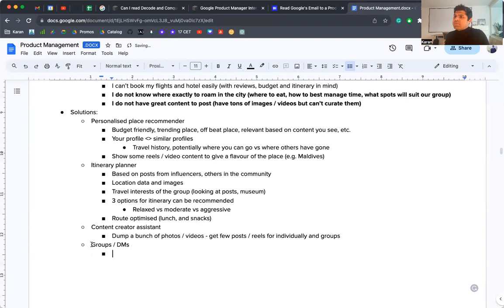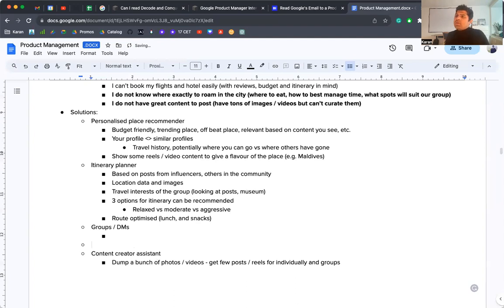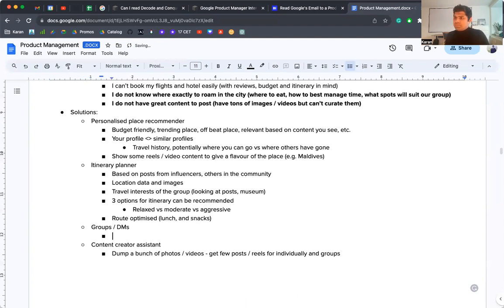So basically, when we spoke about the personalized place recommender or even the itinerary planner, I think sharing itineraries and places to visit along with the reels or images, just so that everyone gets a visual feel of where we are visiting and what exactly we are going to do, could be interesting.